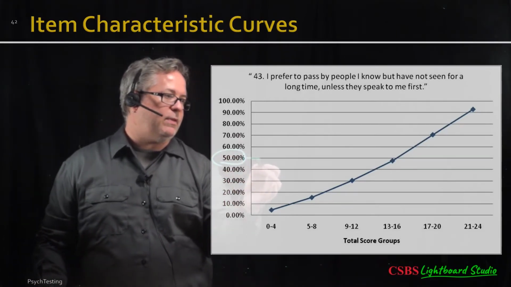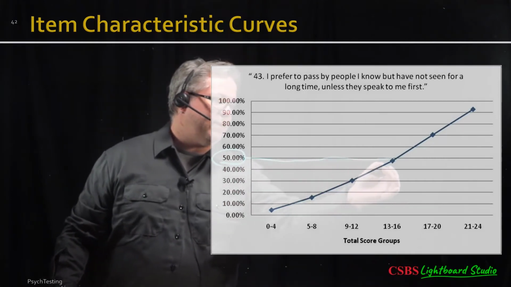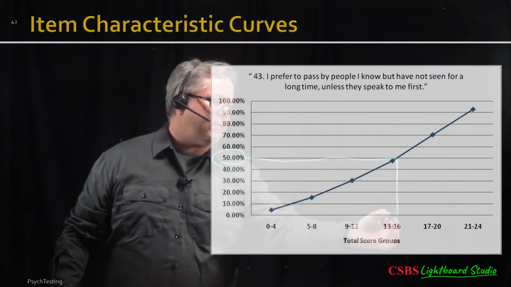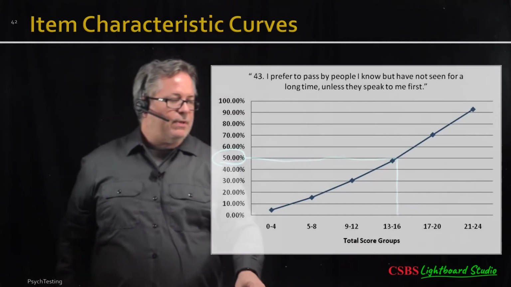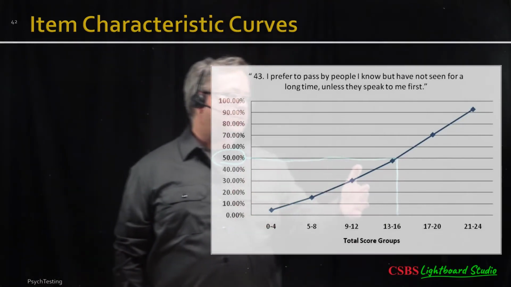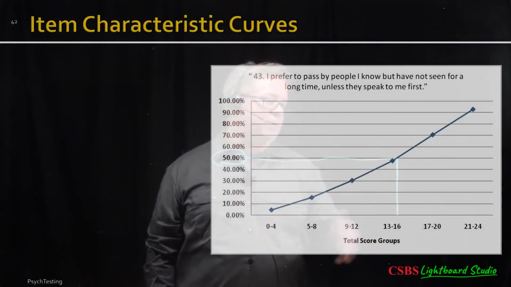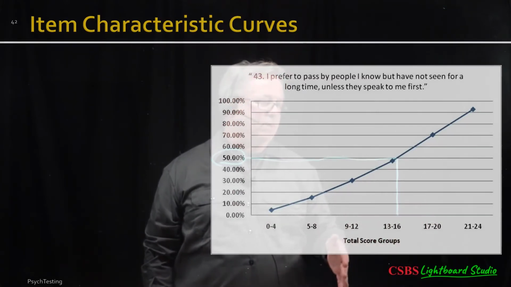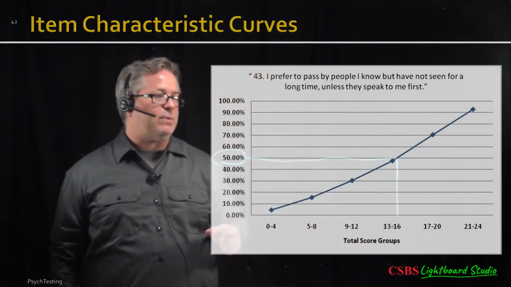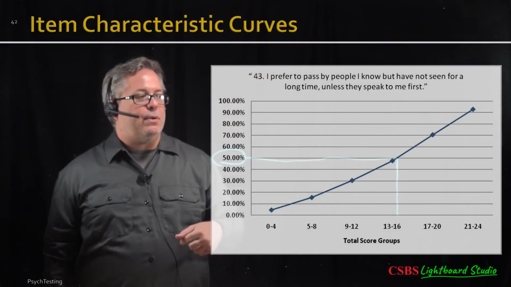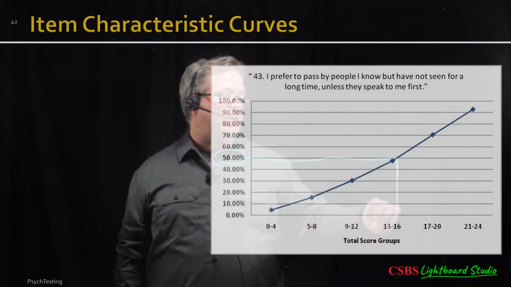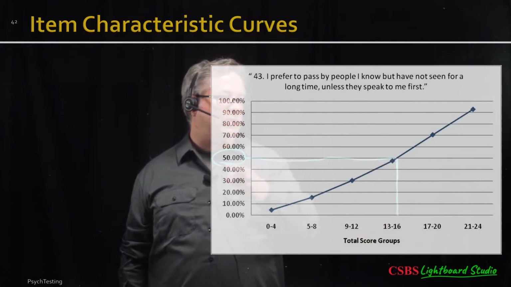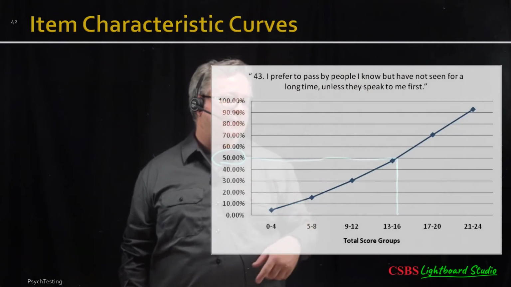When you take this down to wherever this is, and then drop this down here, it gives you a pretty good idea of difficulty. So how much knowledge, let's say again it's math ability, how much about this particular math topic do I need to know? How high does my math ability have to be before I get to a point where I pass a 50% likelihood of getting this question correct?